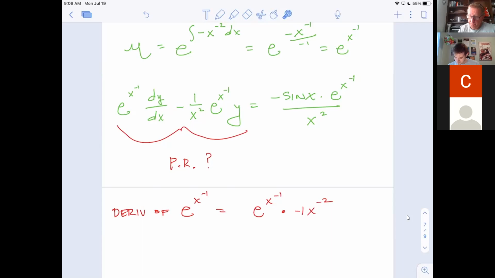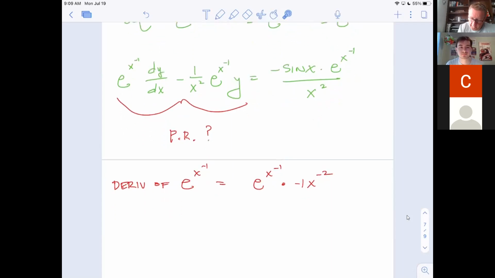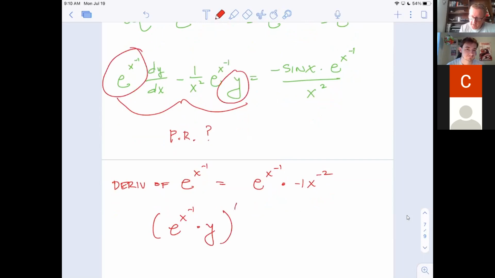Looks like it. So sure enough, I'd be able to say, okay, well, I have e to the x to the negative 1 times y. It's kind of like this term and this term. And if I un-product-rule it, that would be the product rule before it had been taken. And then the other side is this ugly business.